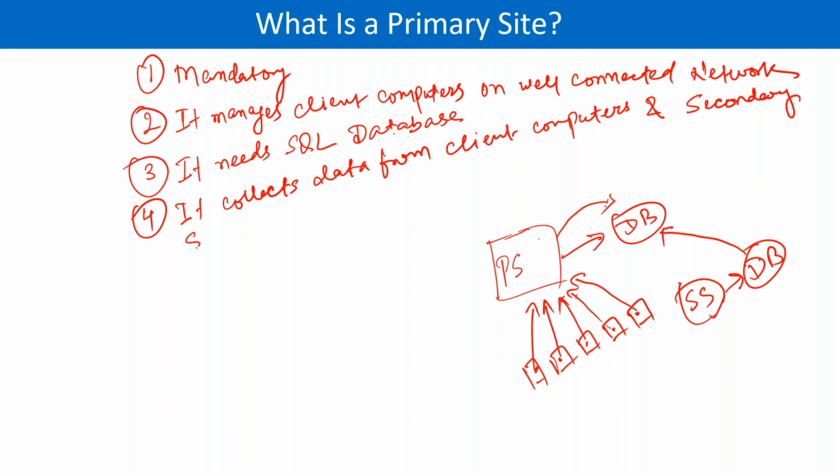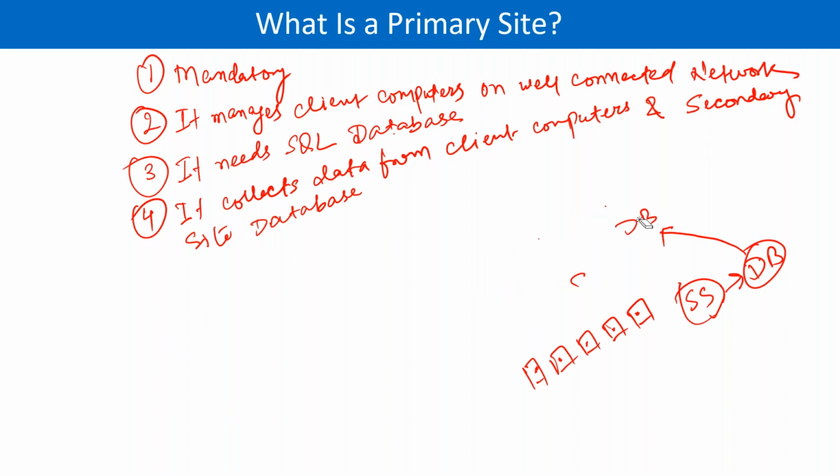When we need a secondary site, I'll tell you later on. Mostly we use a secondary site in branch offices in remote locations. Secondary site is for branch offices, guys.